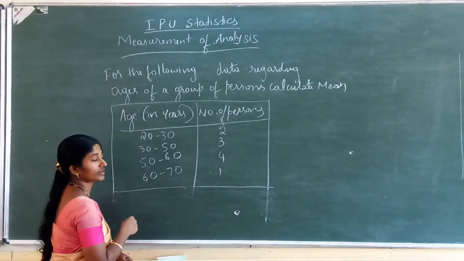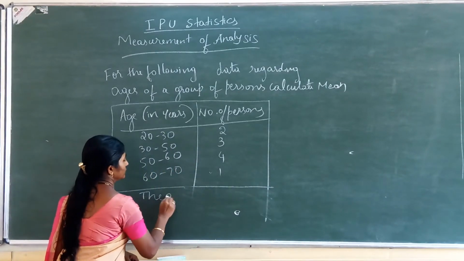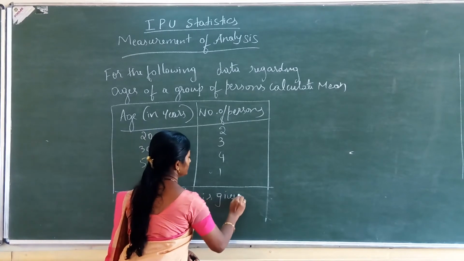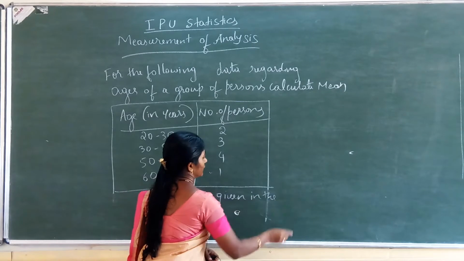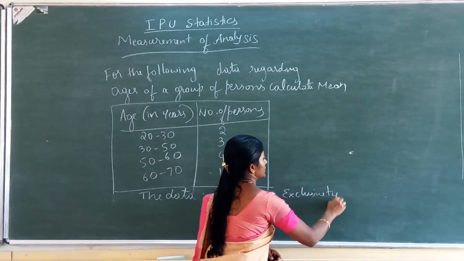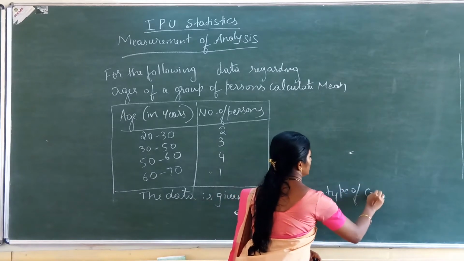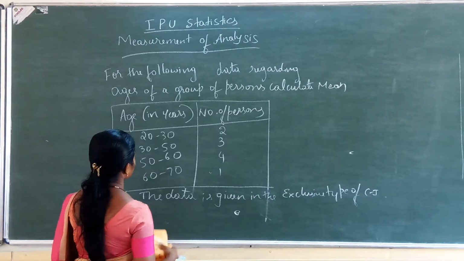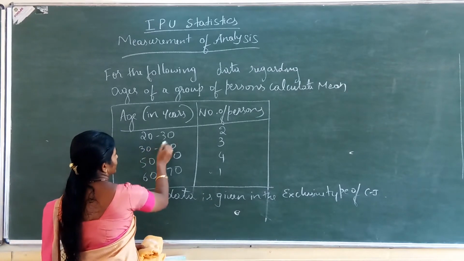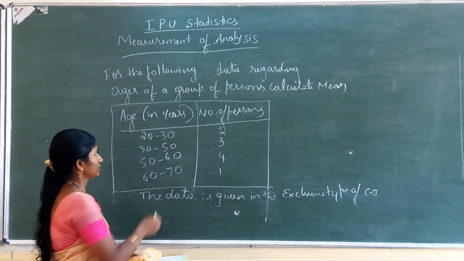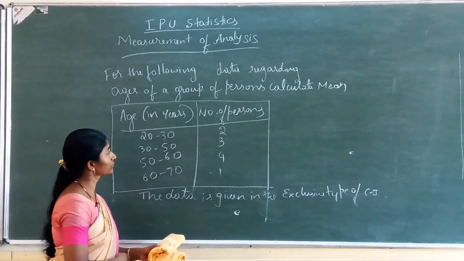The data which is given is in the exclusive type of class interval. Here 20 to 30, 30 to 50, 50 to 60 and 60 to 70. The differences are not the same here.